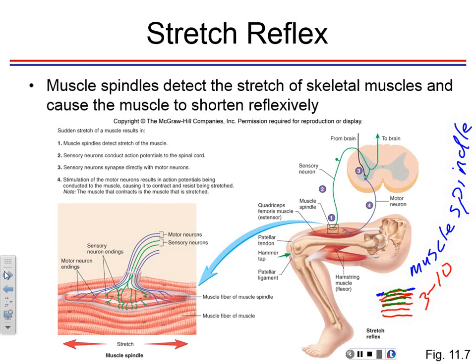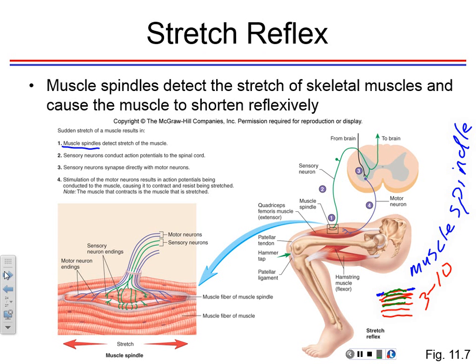But if you really pull on your muscle too much, like here, so that's why when you're stretching, you go like this, and you're pulling on this, you're stretching this. But if you do it reflexively by tapping that, it automatically just contracts. So that's why your foot kicks up.